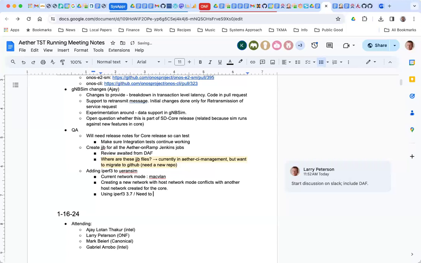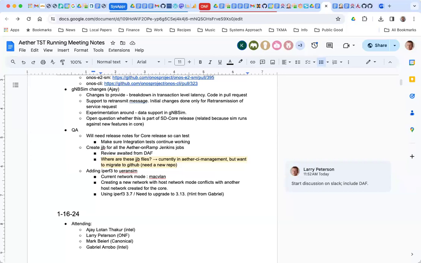Otherwise, we were having issues with binding to the specific interface. So in our case, we used iPerf 3.13. Because the default version that got installed by the OS by APT is not one of the latest, and there was an issue with the binding itself.